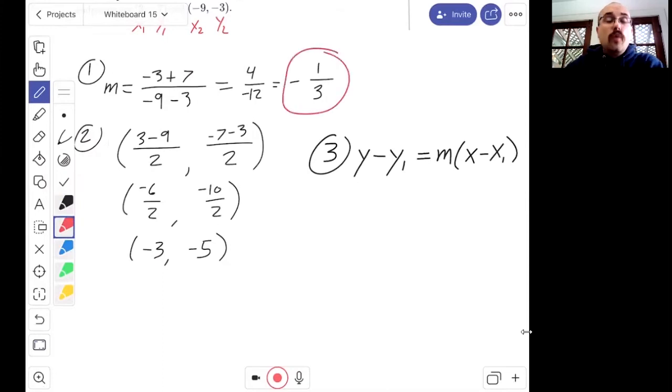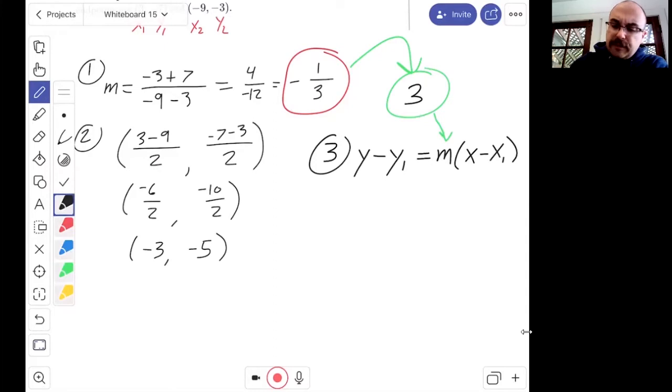Right here, we have the original slope of the segment, but we don't want that slope. We want it to be perpendicular. So to remind you, for a perpendicular slope, you have to do two things. You have to make it the opposite sign and the reciprocal. Opposite sign, that's going to be positive. Reciprocal, we can flip that fraction, make it 3 over 1. Now we're talking. 3 is the perpendicular slope, which we will plug in right there for m.